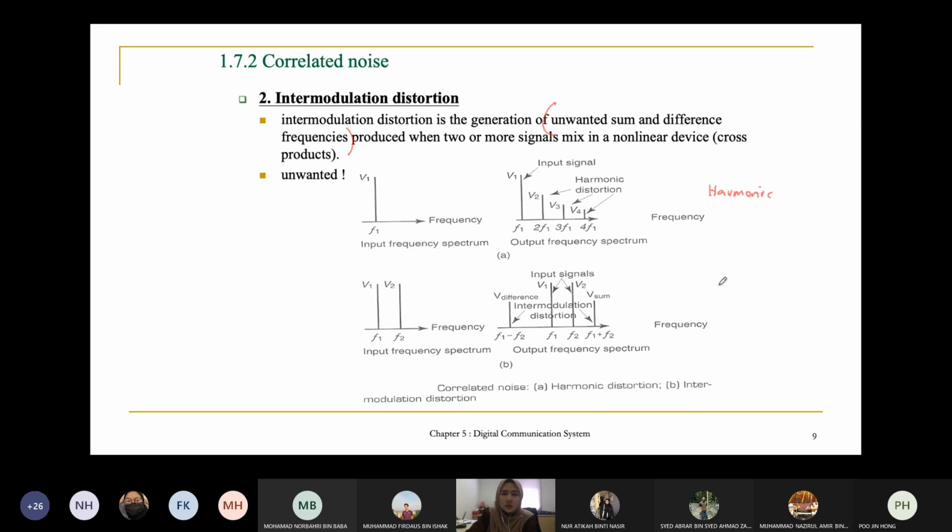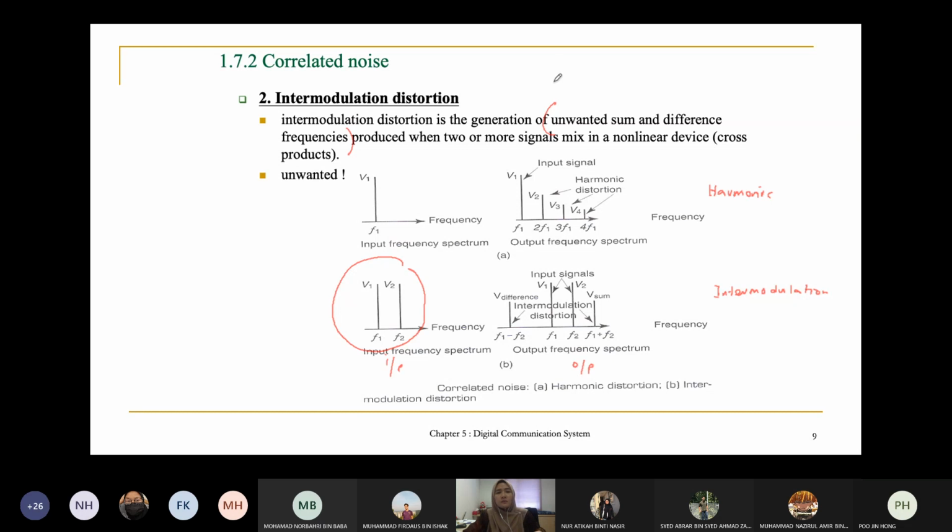B is the intermodulation distortion. Here, this is the input and this is the output. At the input, you must have two signals. If you only have one signal, you will not get the intermodulation distortion.